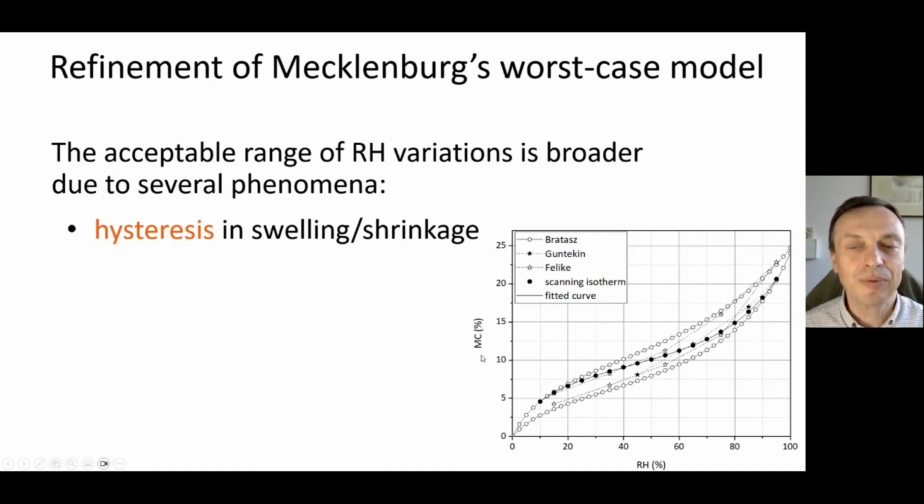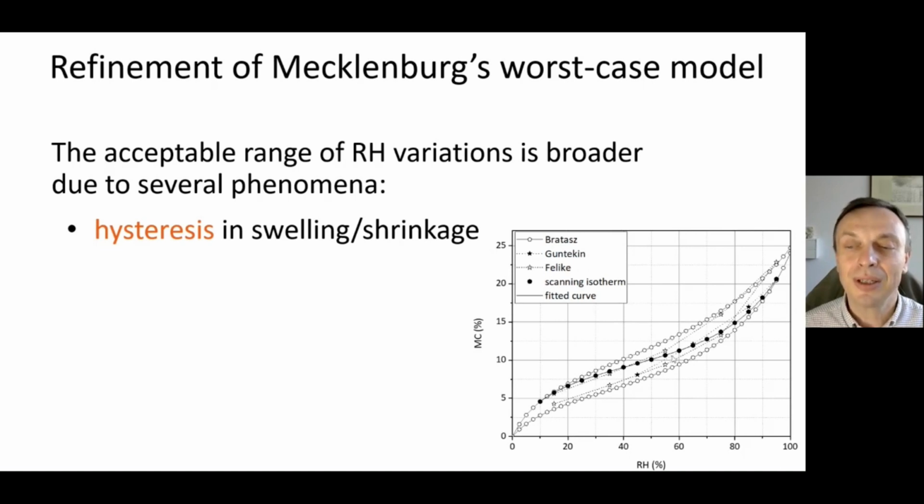Here you can see, for example, how the moisture content changes with the relative humidity. As I said, you have the absorption branch and desorption branch, and when you start from the medium level, the middle level of a range, 50%, and you go to high relative humidities, the moisture content approaches slowly the absorption branch. When you lower relative humidity, it approaches the desorption branch.